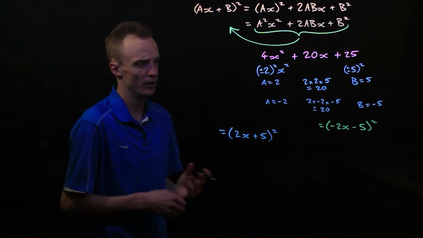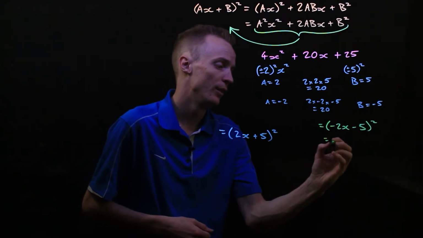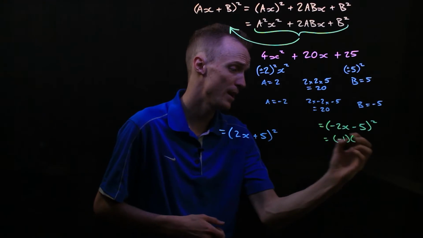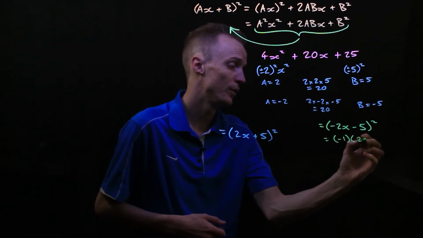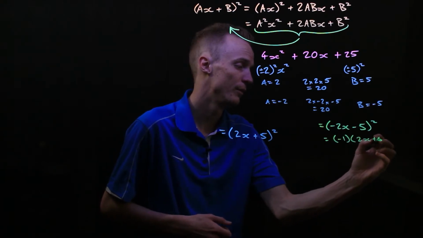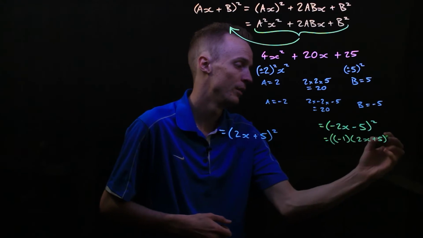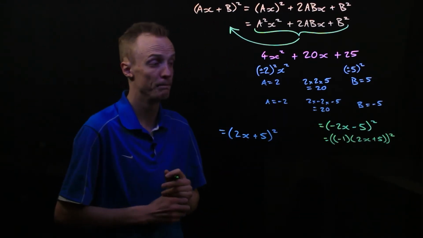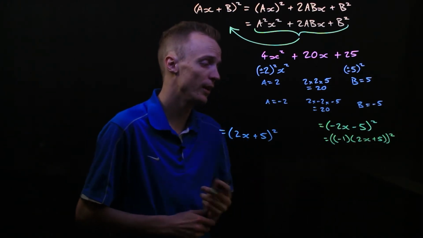What I can do here is take a common factor of negative 1 out of these brackets. So this would be negative 1, and when I factorise by negative 1, it'll leave me with positive 2x plus 5. But of course, this whole thing is squared, so I square the whole thing. When I square this, I need to square the first bracket and square the second bracket.